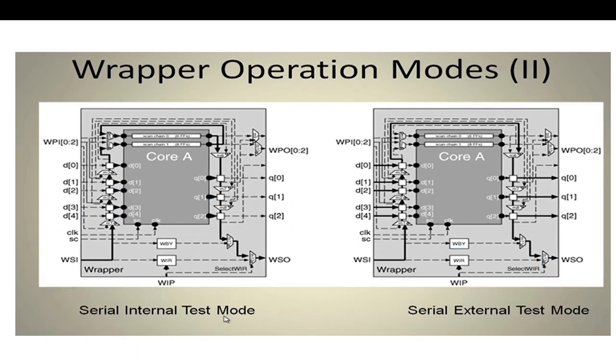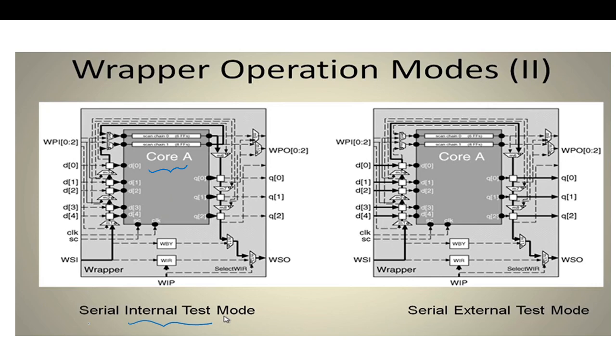And the next mode of operation is the serial internal test mode. In internal test mode, we will test this core operation. And when it is the external test, we will be testing the interconnect, say core A, core B interconnect. So first we will see what is the serial internal test mode.